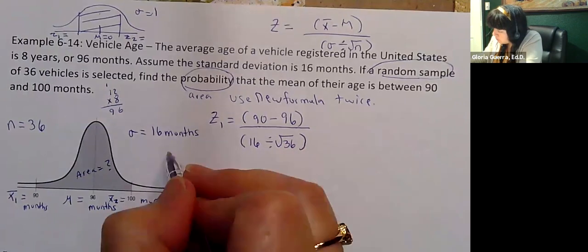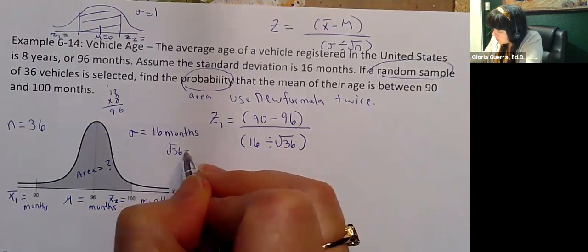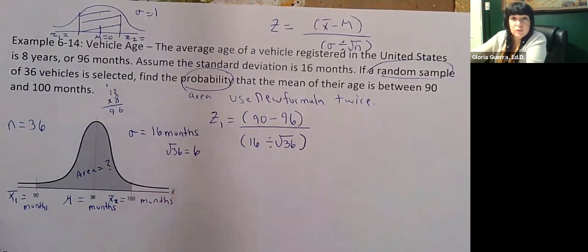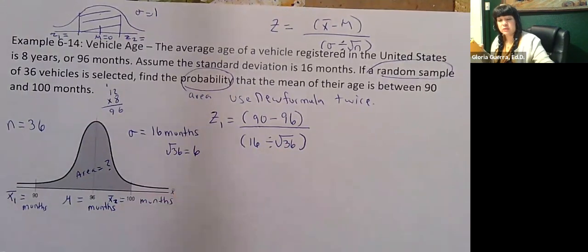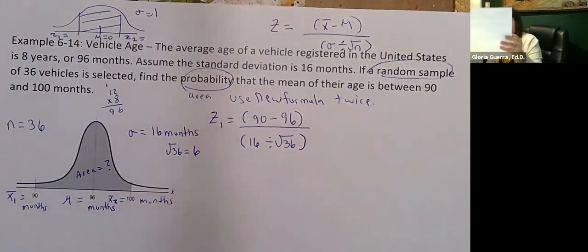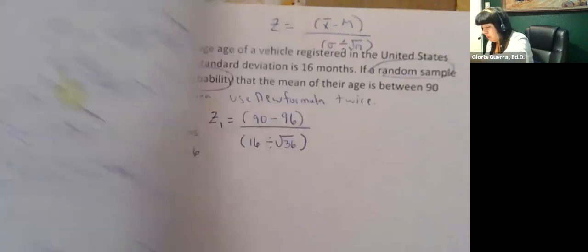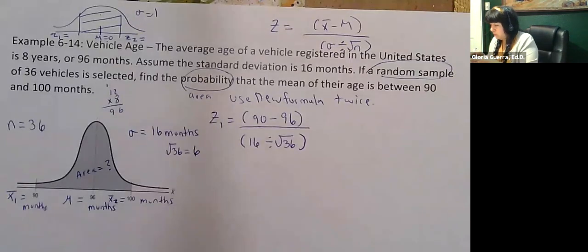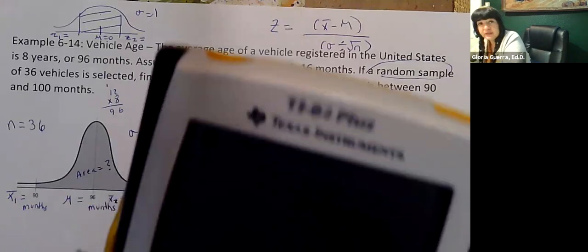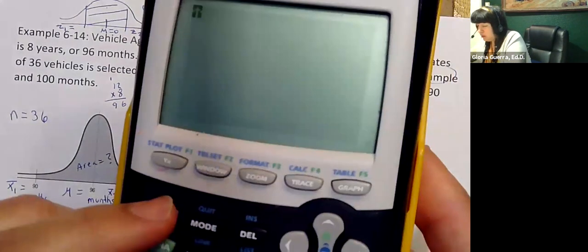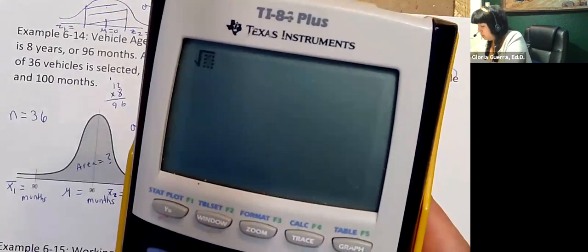It's actually just 6. The other problem we did a while ago, the square root of 20, wasn't a perfect root. But the square root of 36 is. Watch, if I do second and then x squared, 36.